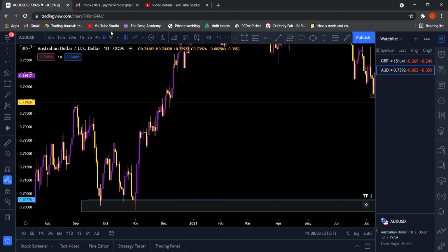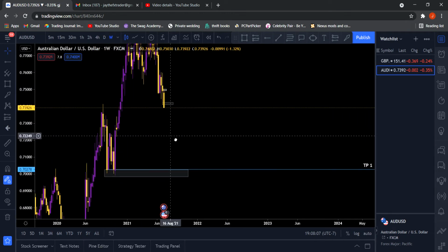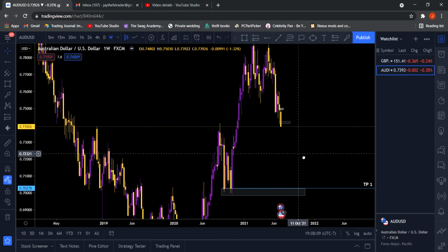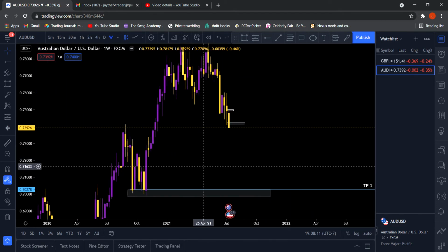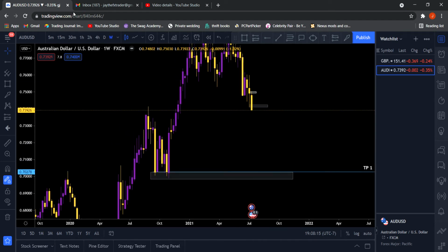But just to keep my strategy going and to not switch it up because of the funding challenge, I'm gonna keep it right there. It's gonna be my take profit, and I'm gonna just hold my trade.